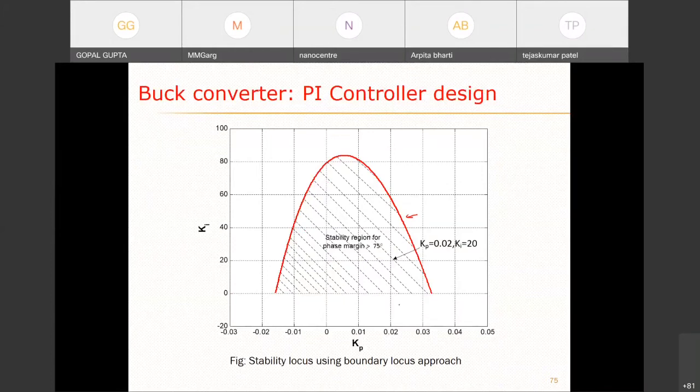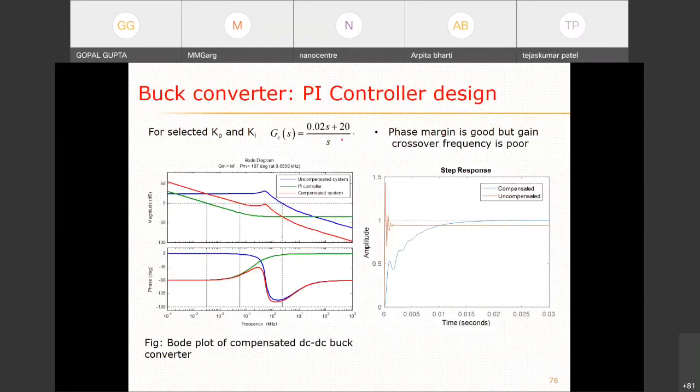Okay, so I write this equation for Kp and Ki, and let's say I want a phase margin of 75 degree. I do not have any concern for gain margin. I want to improve only phase margin. So I selected phase margin to be 75 degree. Then I will be having only a single plot for phase margin, right?